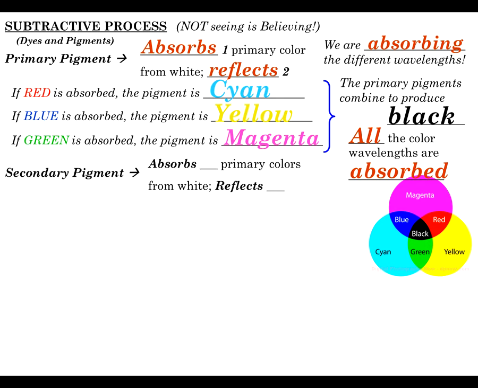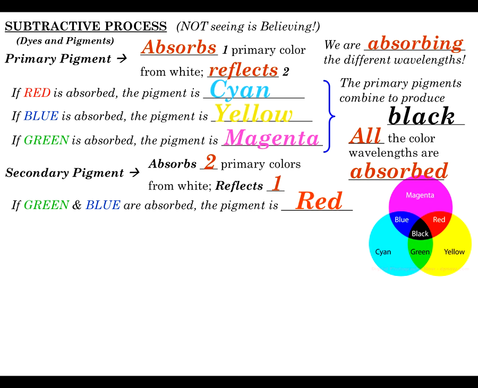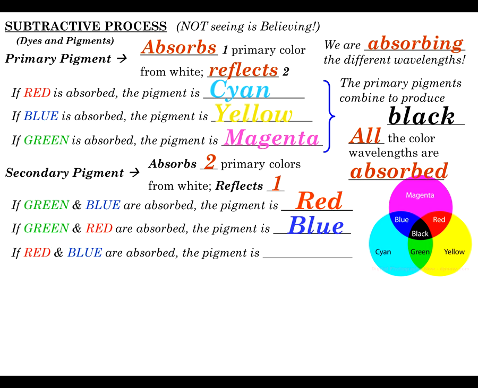So the secondary pigments absorb two primary colors instead of one and reflect one primary color. So green and blue being absorbed, the pigment is red. Red is the one that's left. If green and red are absorbed, then the pigment is, that's right, blue. And if red and blue are absorbed, then the pigment is green.